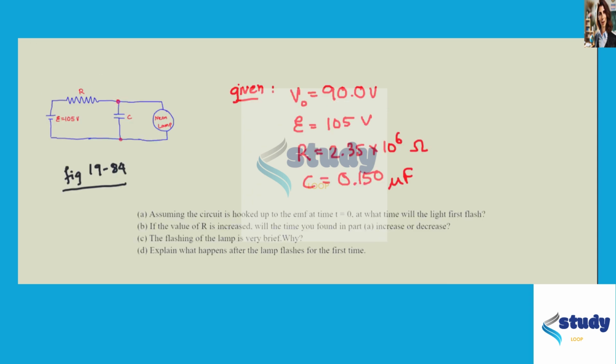All right. In part D, we have to explain what happens after the lamp flashes for the first time. If the lamp flashes, whatever charge this capacitor accumulated is gone. So now we have zero charge here, and then it will start charging again.